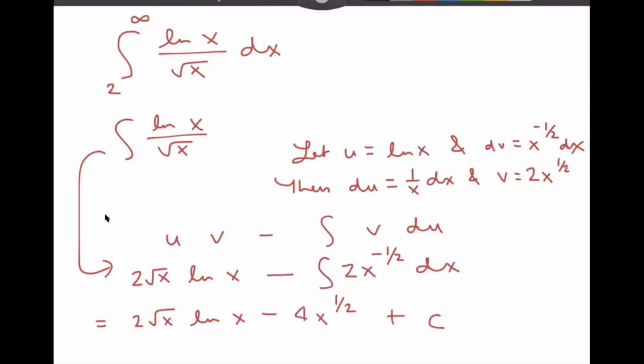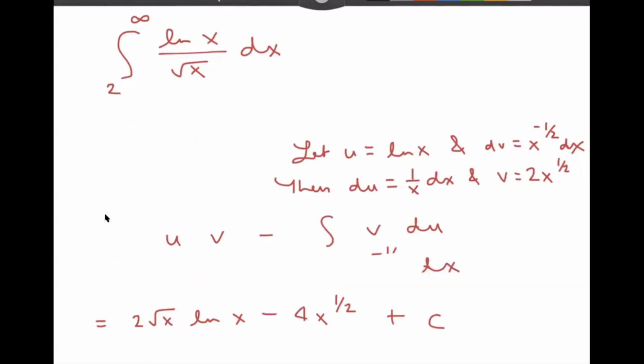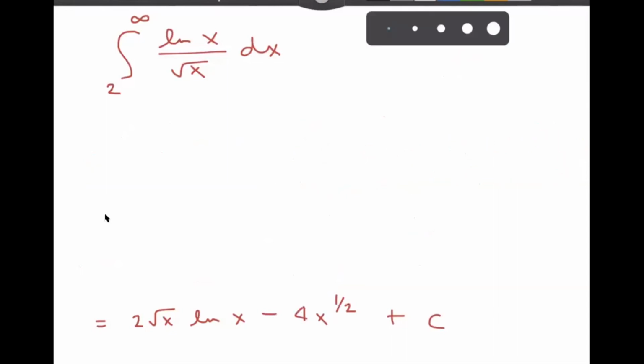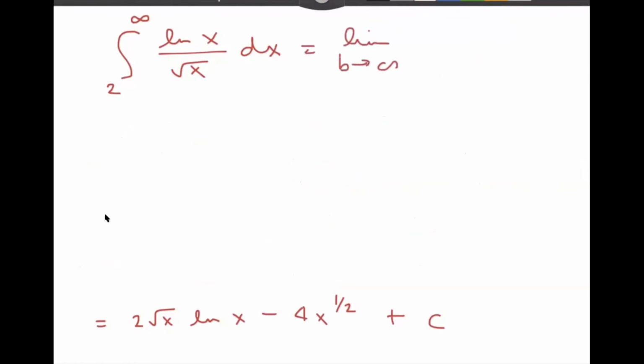So now what I'll do is I'll just keep my antiderivative at the bottom here. And I will write my limit for the improper integral. This is the limit as b approaches infinity, integral 2 to b, natural log x over the square root of x dx.